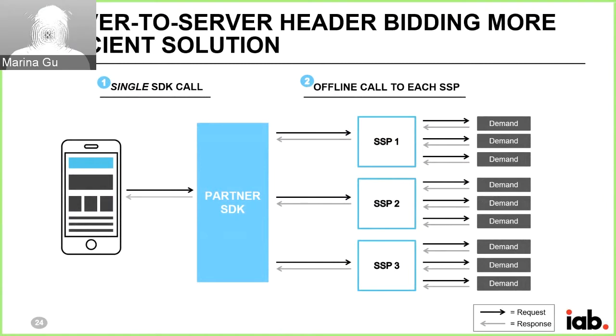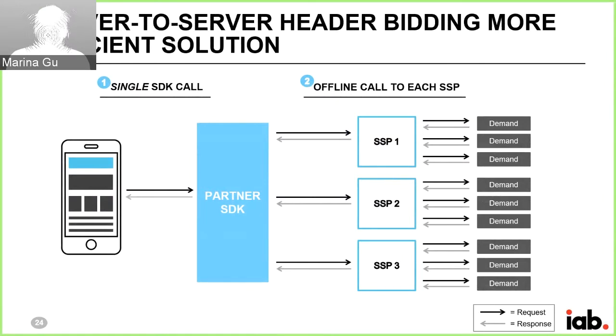So activation directly through the app, or in the desktop environments, we talk a bit about it as directly through the browser. And a server-to-server integration is really a question of that initial call is triggered through the browser for that real-time call, but all of the action happens offline. So instead of the action loading down on the app or on the browser, we're really talking about that activity with the SSPs happening offline.